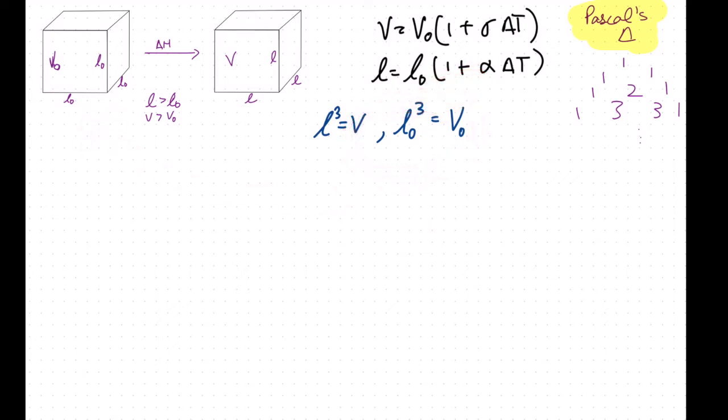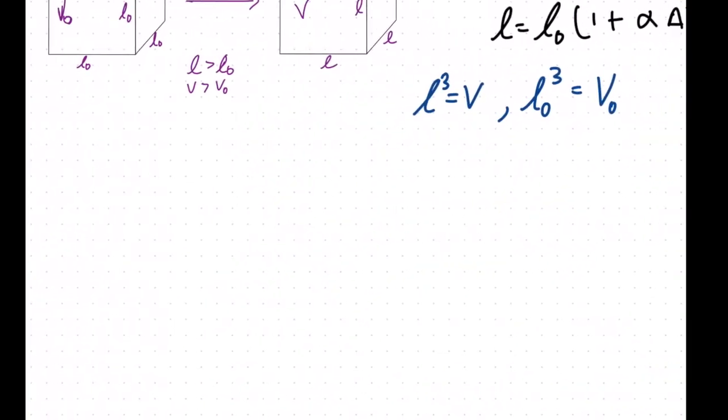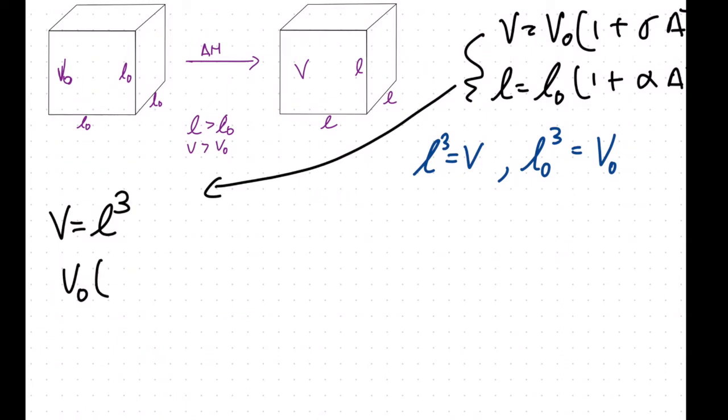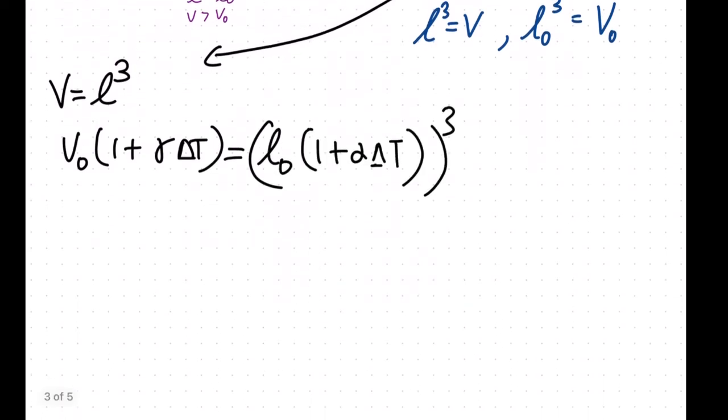Now, basically what we can start doing is implement this particular equation into this relationship. So let's actually do that right over here. We know that V0 (1 plus gamma delta T) is equal to L0 times, and we're going to cube everything on this side of the equation.